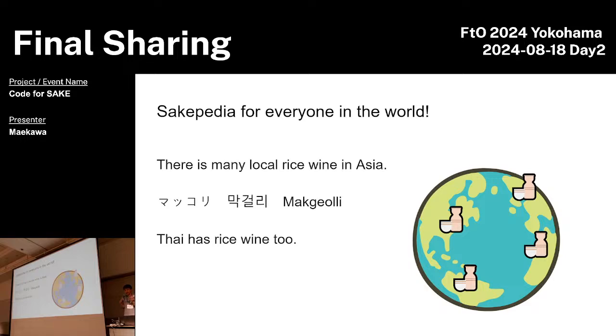So not only Japanese sake, there are many in the world. So we gather the data, so you can use it somewhere in the world. Okay, that's all. Thank you.